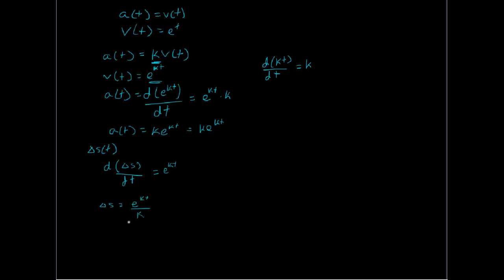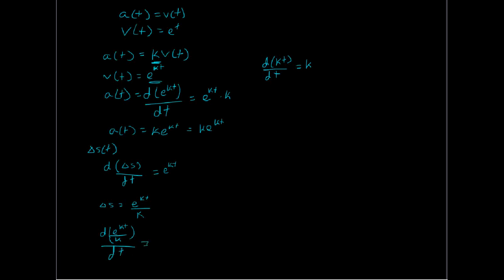Maybe here again you want to pause to see why I would guess this, and after we check it, it should become more apparent. But it's good to think about it before we get into that. In order to check it, I'm going to take the derivative and make sure that it's equal to velocity. So I'll take the derivative of e to the kt divided by k with respect to time.